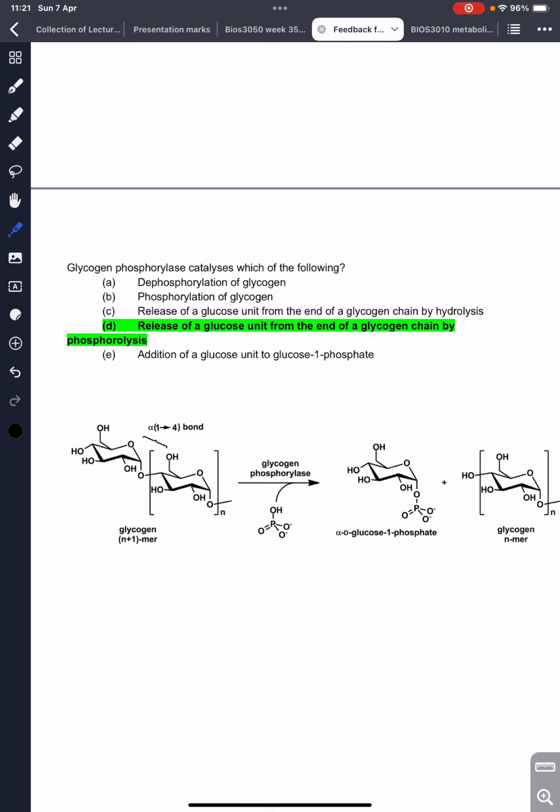And the idea is, if you used water to do the hydrolysis, then we would lose the energy that is stored in this bond here.